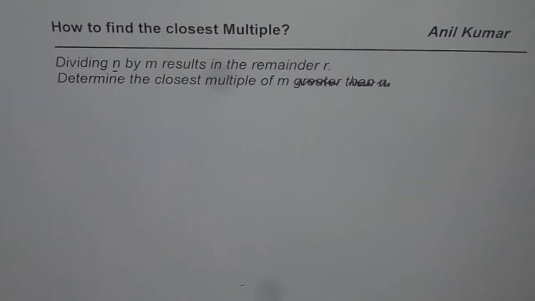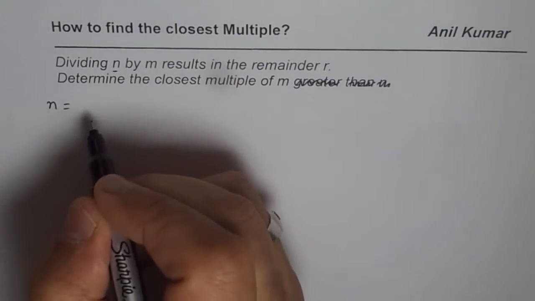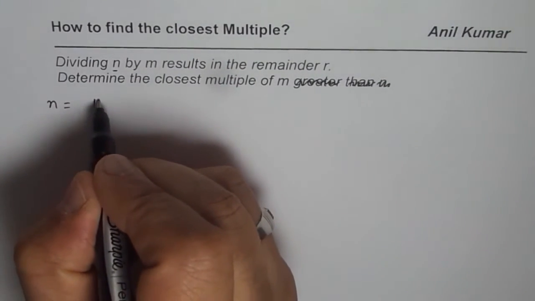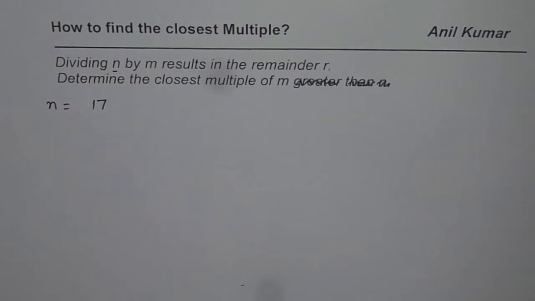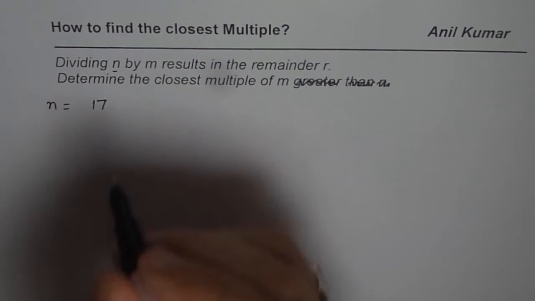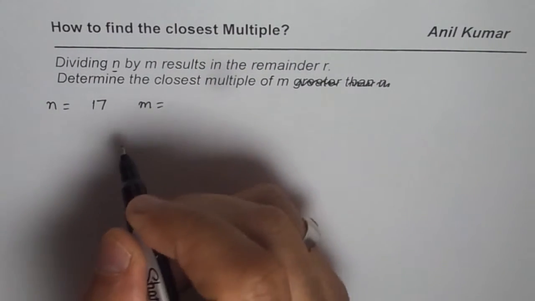To solve such a question, let us take an example, and let us say that n is a prime number, and let's take 17 this time. We know if I divide 17 by any number except 1 or 17, we are going to get a remainder. So let's divide with different values of m as we did last time.